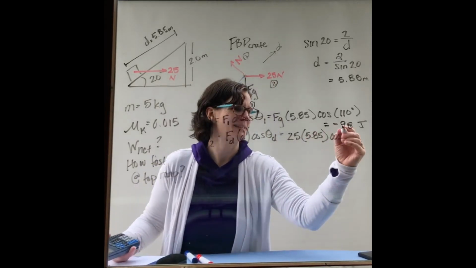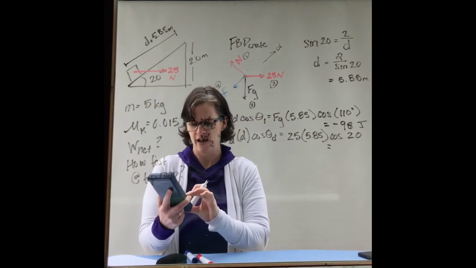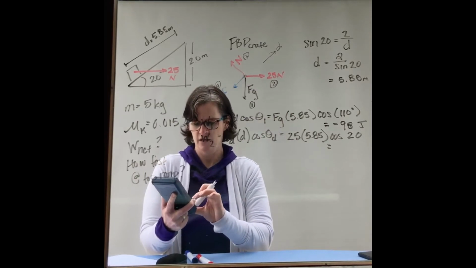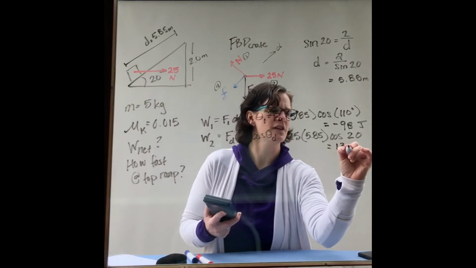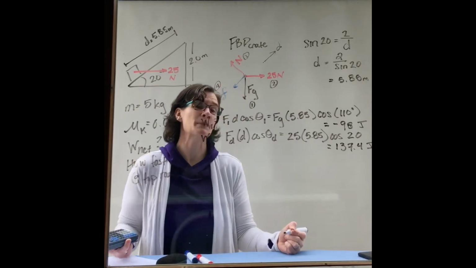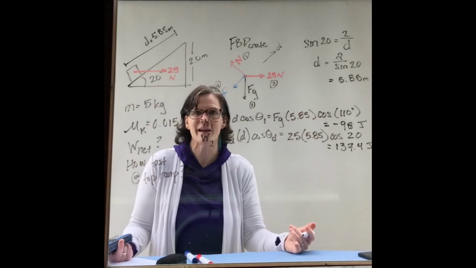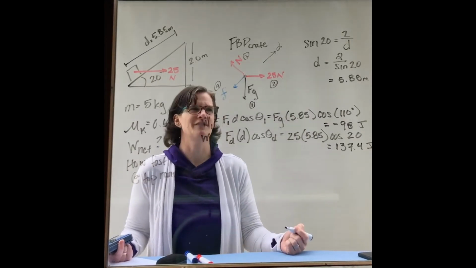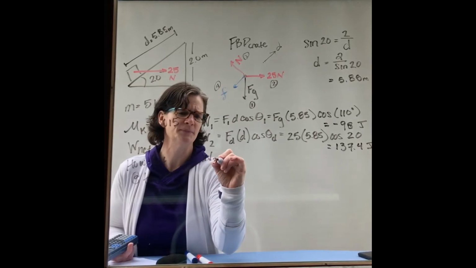That's 20 degrees. So the cosine of 20 degrees. So 25 times 5.85 times the cosine of 20 degrees, we get 137.4 joules. It's positive. Should it be positive? Yeah, Doug's helping that crate go up the ramp in the direction of the displacement. Perfect.